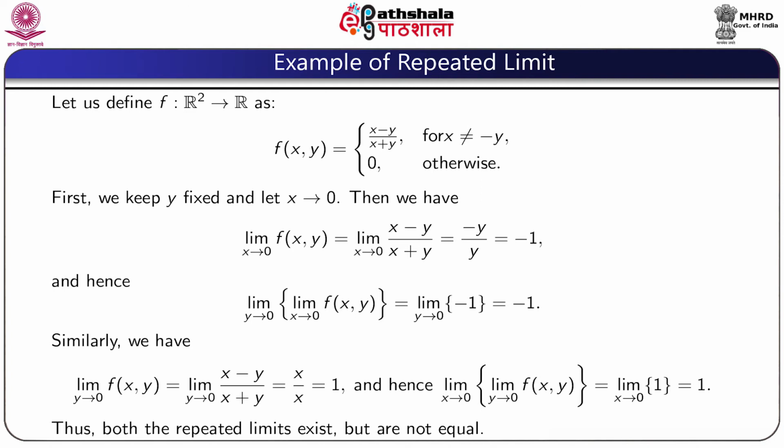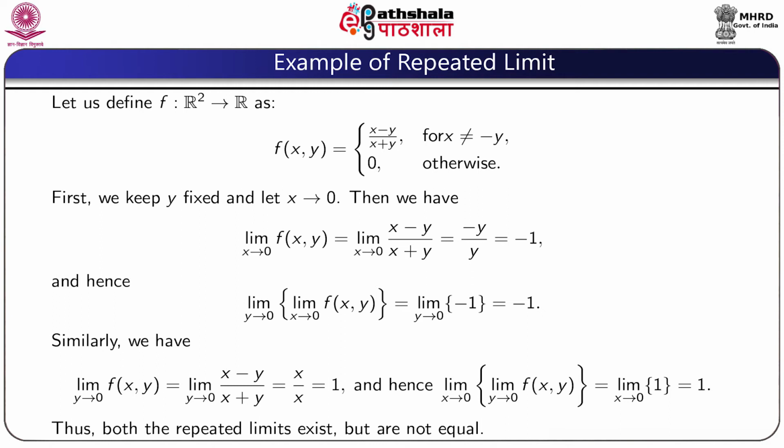We define a map f from R2 to R as follows: f(x, y) equals (x minus y) by (x plus y) whenever x is different from minus y, and otherwise it is 0. First we keep y fixed and let x approach 0. Then we have limit of f(x, y) as x approaches 0 is minus 1.